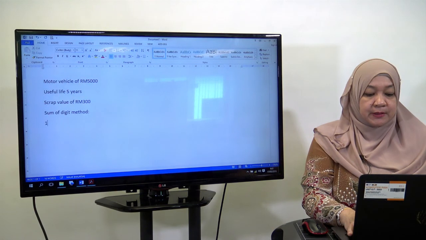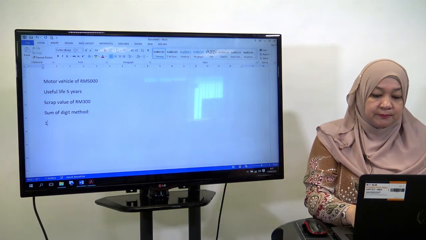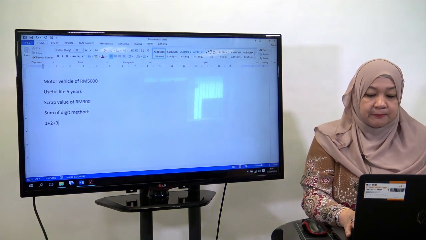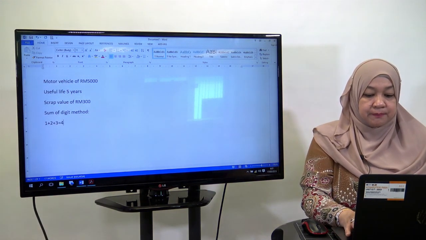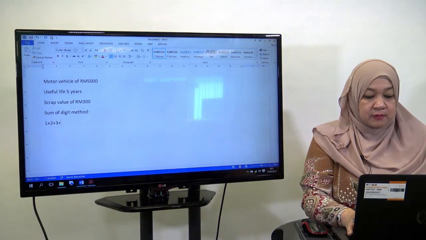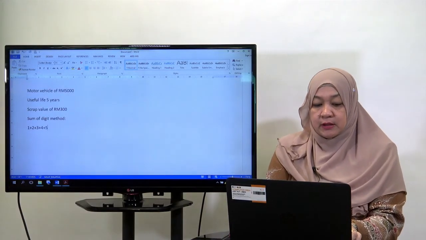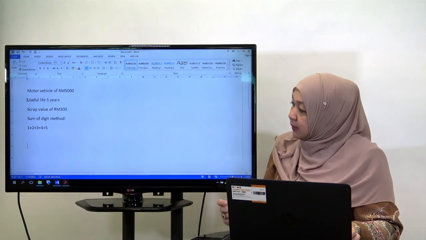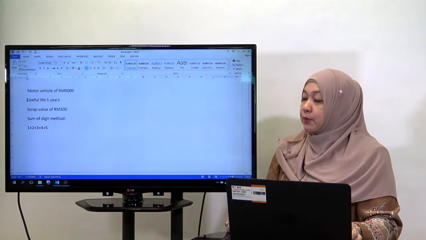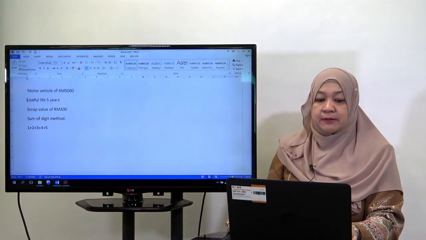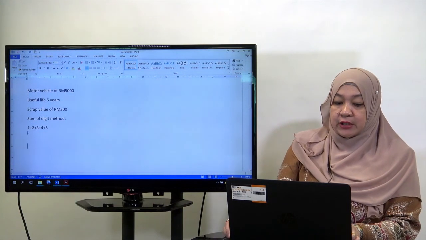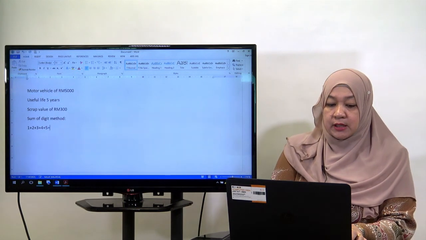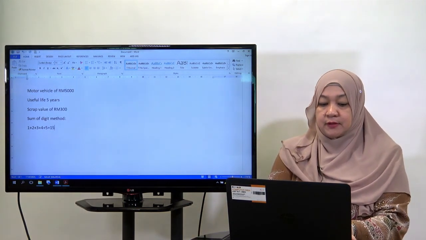So 1 plus 2 plus 3 plus 4 plus 5. So how do you determine the depreciation amount for this motor vehicle if you are using the sum of digits method? First, you accumulate all the numbers and you get 15.